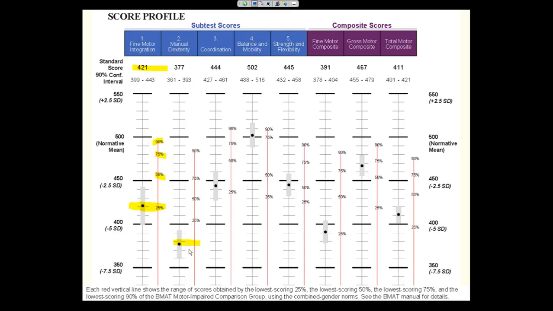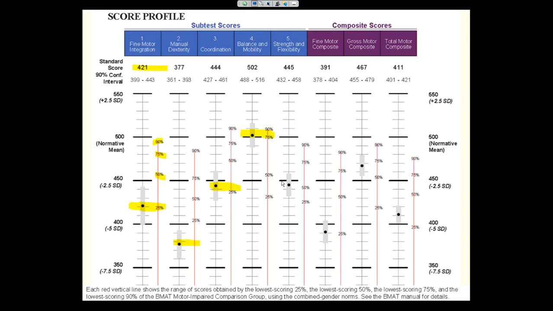So we're looking at probably less than 10% of the motor impaired group. When we see the 444 for coordination, we're just a little bit above the 25th percent. The 502 for balance and mobility, while I probably wouldn't be as concerned about that subtest anyway, is right around the 75th to 80th percentile.